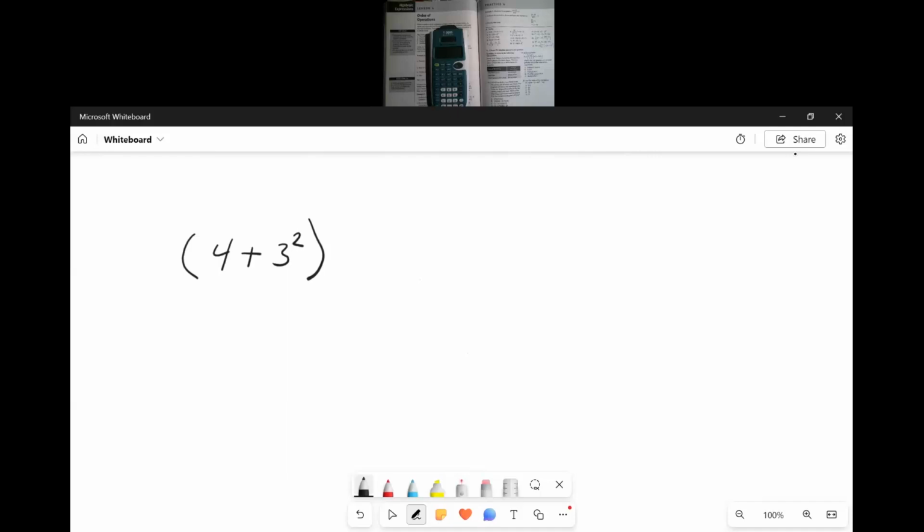Notice that this is different than 4 plus 3 with the power of 2 outside. They are different because with 3 squared, this is going to happen inside the parentheses, and then you'll get the final answer out. However, here, you're going to find out what's inside the parentheses and then take this power of 2 last.